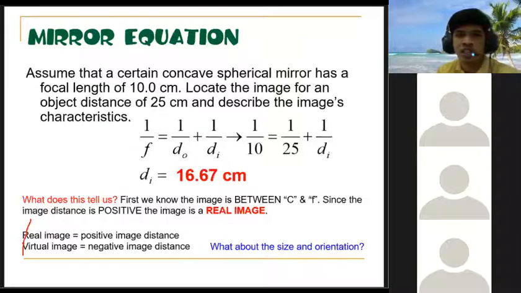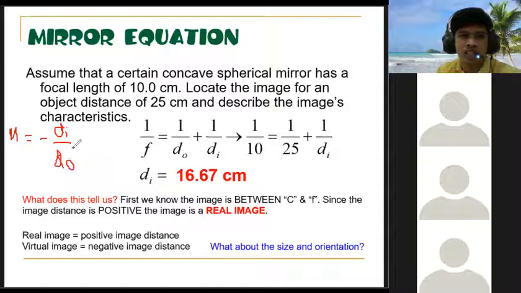We're going to use M equals negative DI over DO. We already have the values for DO and DI.